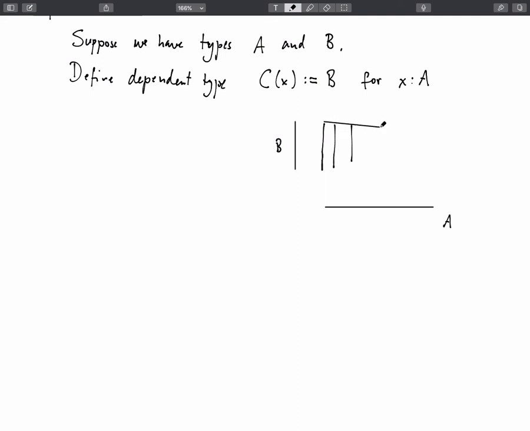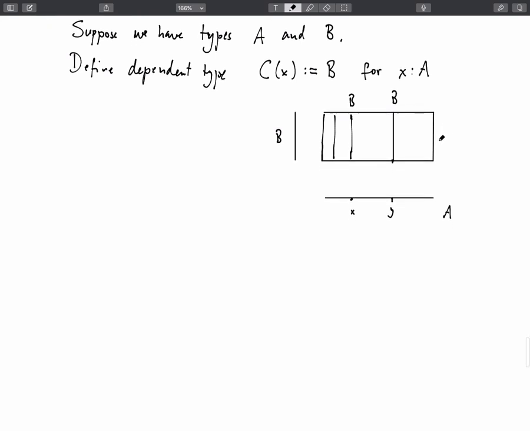So it's going to be just a rectangle like that. That's not actually C. C is a dependent type, which at every x, at every point, keeps giving B. What is this rectangle properly speaking now? That's the total space, so the dependent sum.